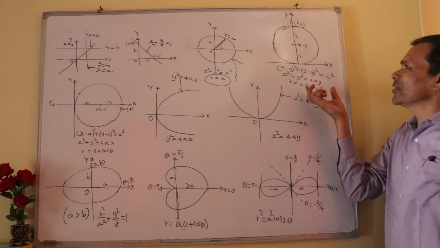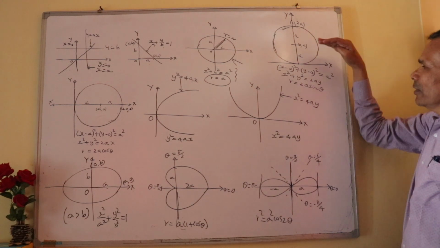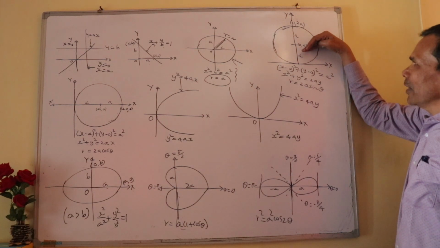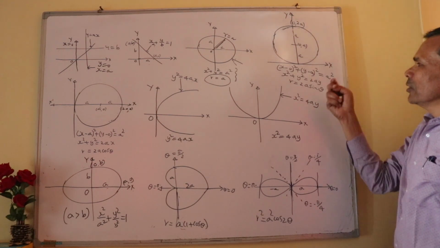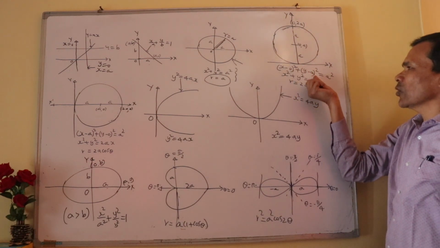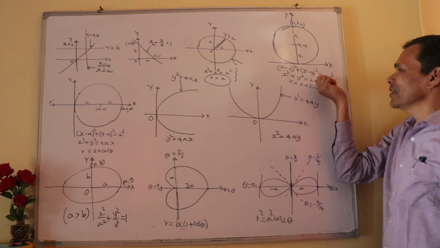Similarly, there are more circles here. If you observe this circle touching the x-axis, the center is at (0, a) and the boundary goes up to (0, 2a). So this is (x minus 0) whole square plus (y minus a) whole square equals a square, because the center is at (0, a) and radius is a.